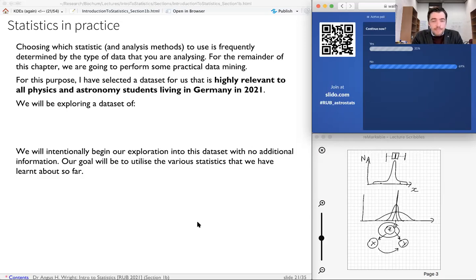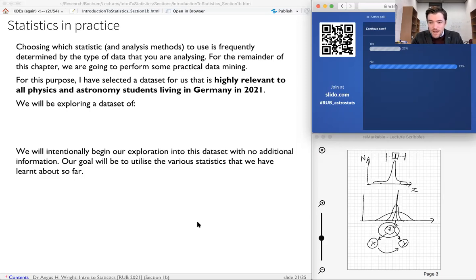So in that case, unless the yeses make a very, very startling resurgence in the next 30 seconds while I'm talking, we will end here, and we will continue at the beginning of next week with talking about how we actually do all of this in practice and how we go about employing the statistics that we've learned.